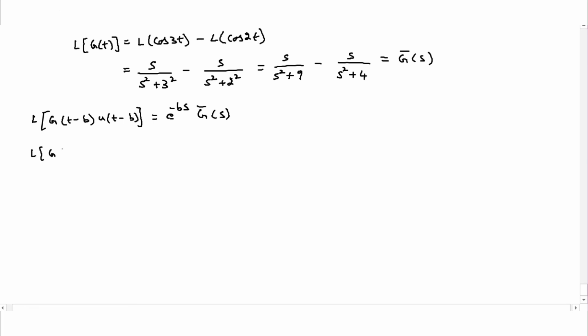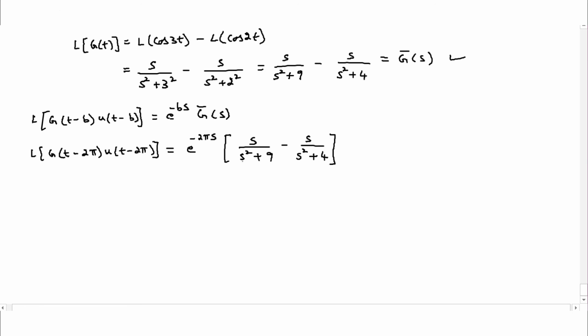So it is Laplace transform of g of t minus 2 pi into u of t minus 2 pi is equal to e power of minus 2 pi times s into g bar of s that we have calculated over here. It is s by s square plus 9 minus s by s square plus 4.